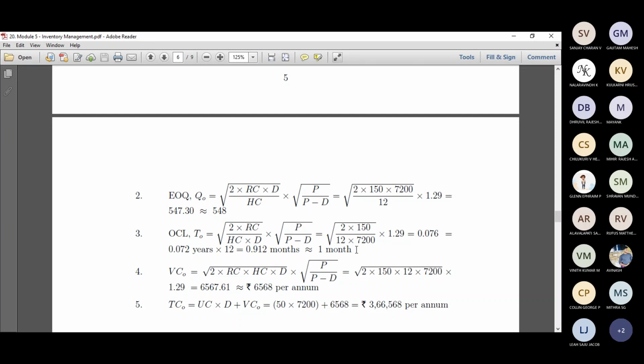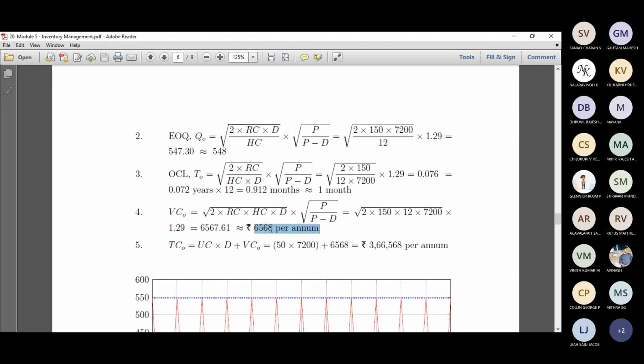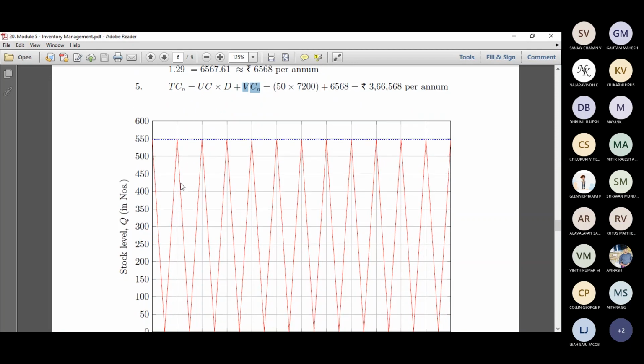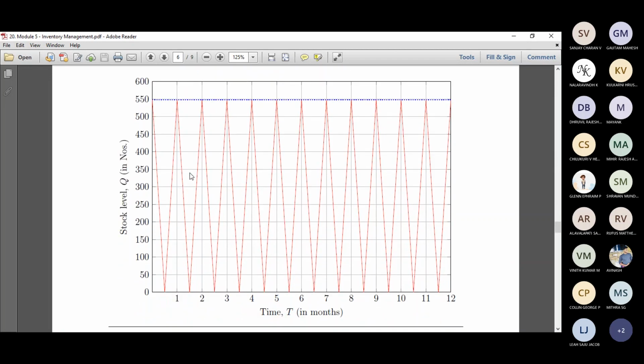Right. And variable cost is given here, and once you find variable cost, total cost is unit cost multiplied by demand plus variable cost. So it is something like 3,66,568 per annum. So here is the interesting thing, right? We have got this stock or the quantity.